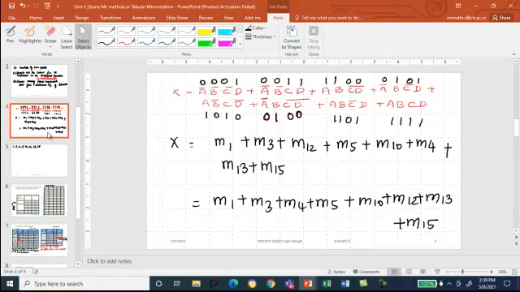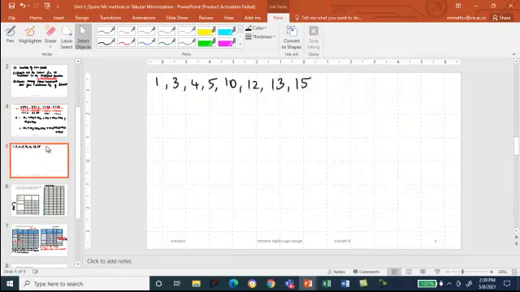Okay, so write in the table, the first column is to combine the minterms.